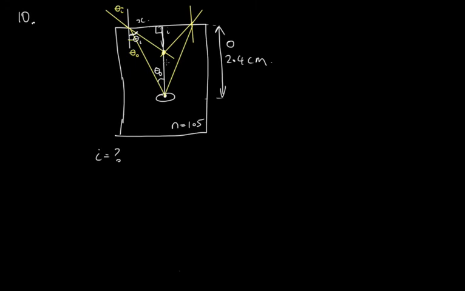And so we've got O and x, and we have tan theta O is equal to opposite over adjacent, from SOHCAHTOA.